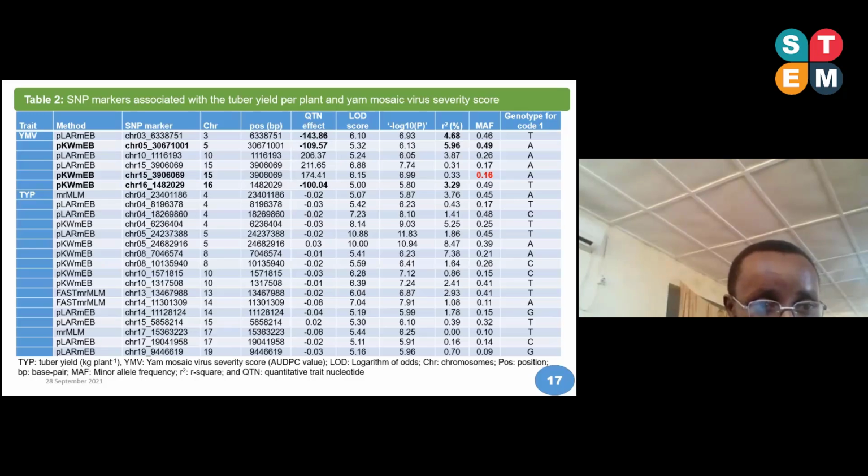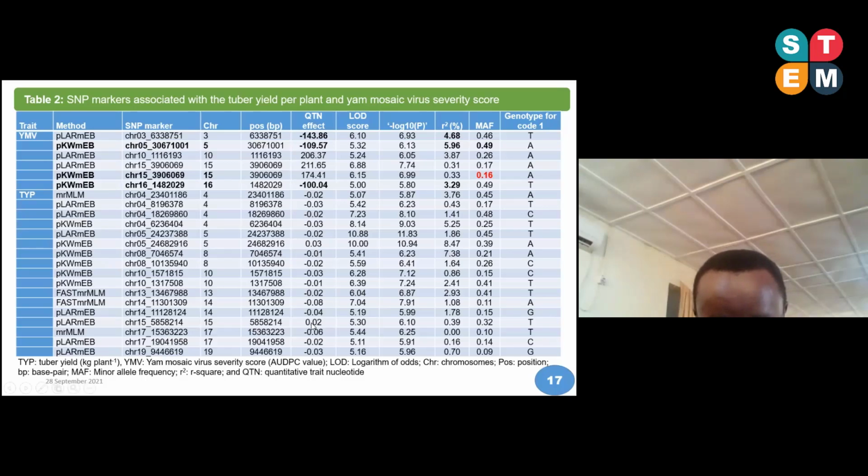Also, when we look at the tuber yield per plant, for instance, most of the markers exhibited significant, negative quantitative trait nucleotide effect, except, for instance, for this marker 0.5 here that had this 0.03, where we can see its contribution is really high, about 8.47%.